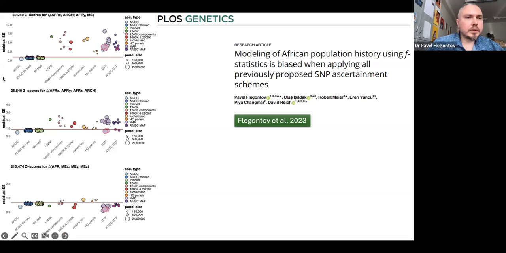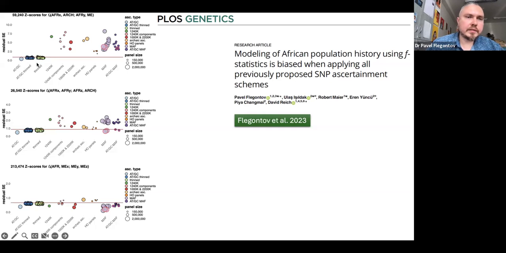On the previous plot, we compared non-ascertained data, shotgun data, and only one type of ascertainment, which is the 1240K panel, the most popular panel in ancient DNA genetics at that time. But here we also compare other types of ascertainment to randomly chosen sites.